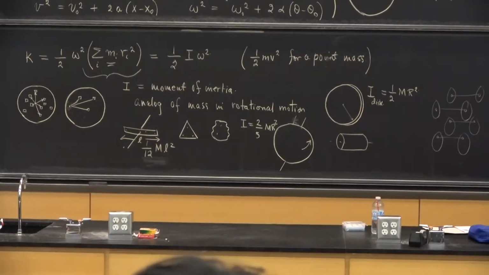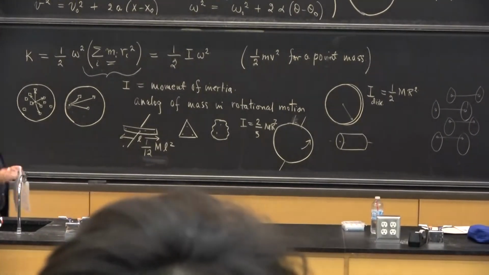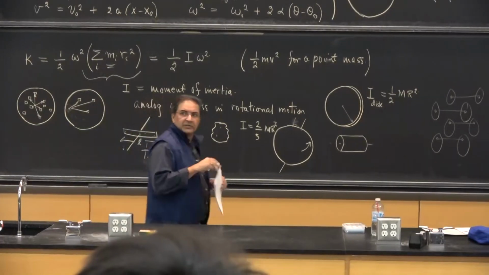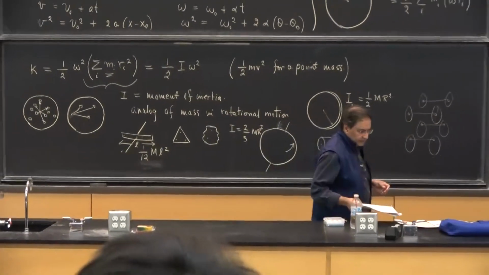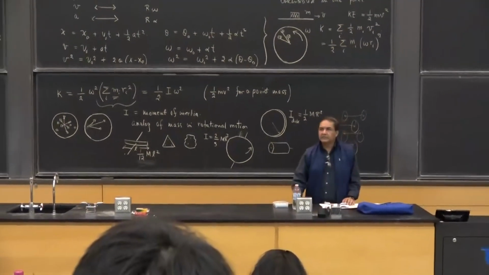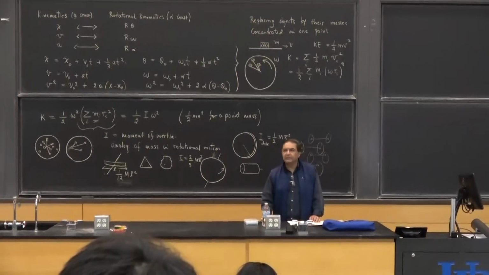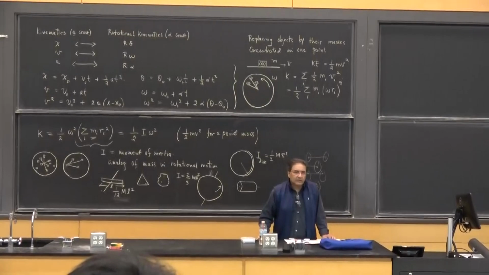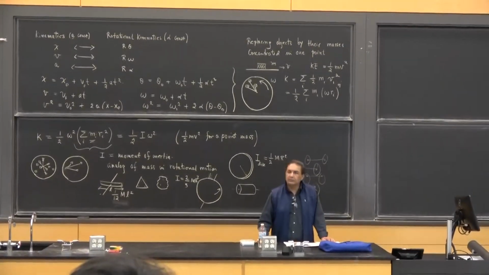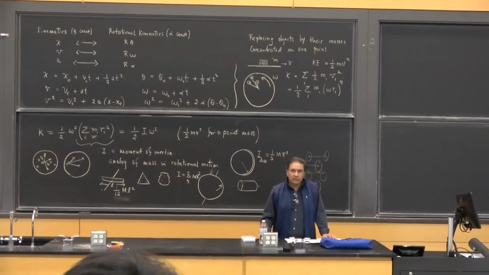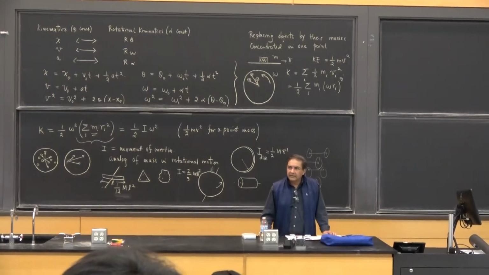If you look at your book, there is actually a table that describes the various values of moment of inertia for various shaped objects. So in a given problem, if I don't give you the actual formula for the moment of inertia, you go look up the table.